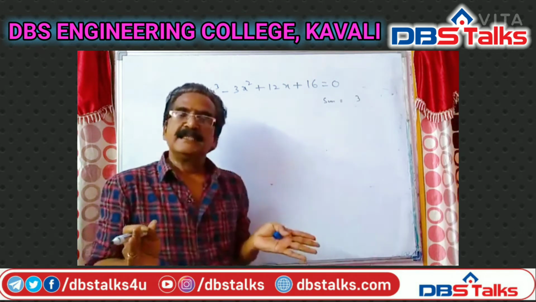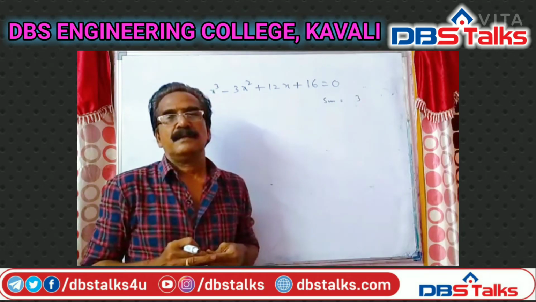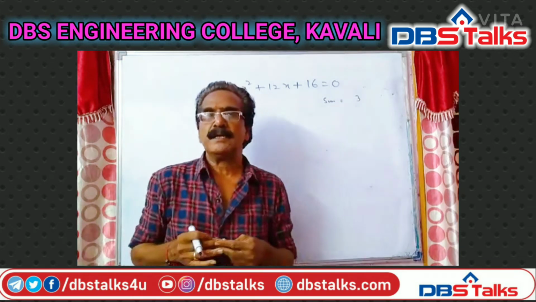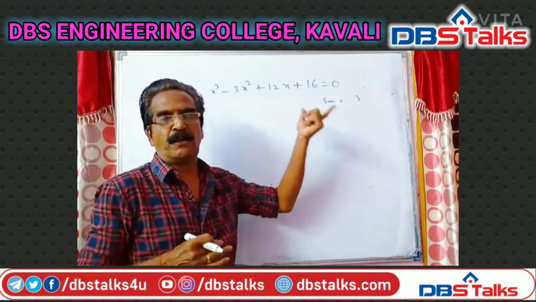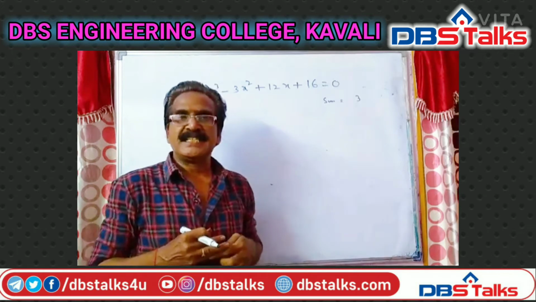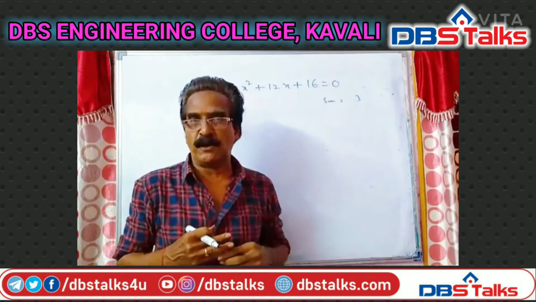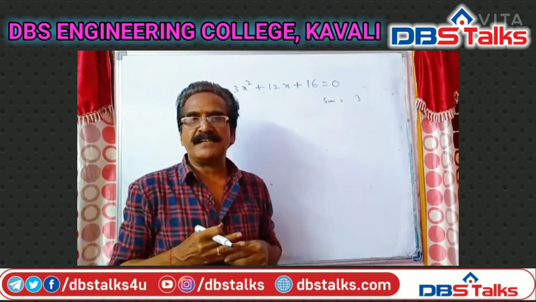The polynomial so formed after removing the second term is called the transformed equation of this polynomial. How to remove that second term from this polynomial? How to get the transformed equation?